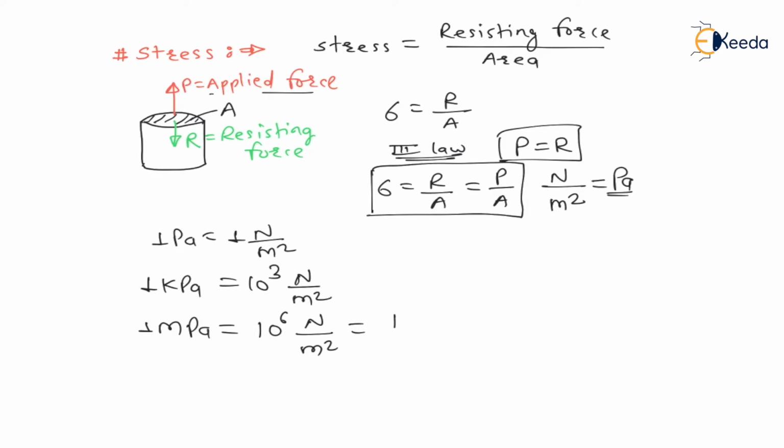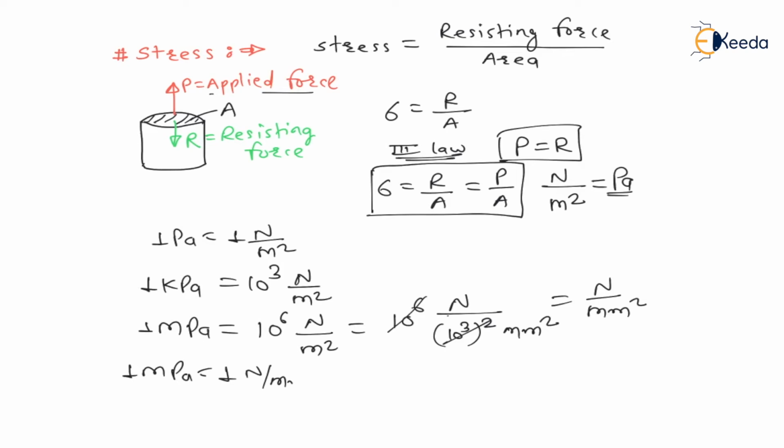How can I write this again? 10 to the power 6 Newton. If I convert meter into mm, 1 meter is nothing but 10 to the power 3 mm, and squaring this gives 10 to the power 6 mm square. The 10 to the power 6 and 10 to the power 6 will get cancelled, and this will become Newton per mm square. That means 1 megapascal is nothing but 1 Newton per mm square.